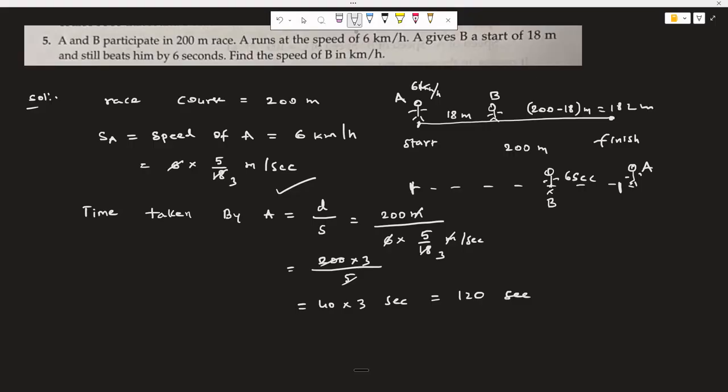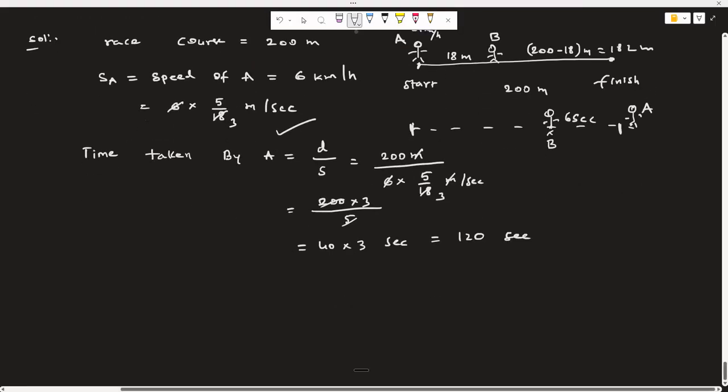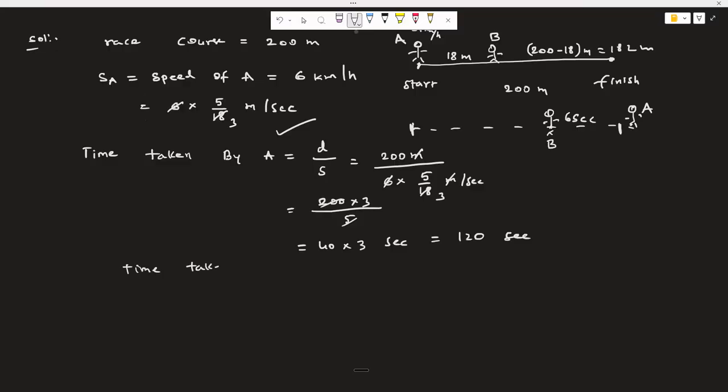Write down 182 meters. In how many seconds? Time taken by B means 120 plus 6, that is 126 seconds taken by B to finish the race course.